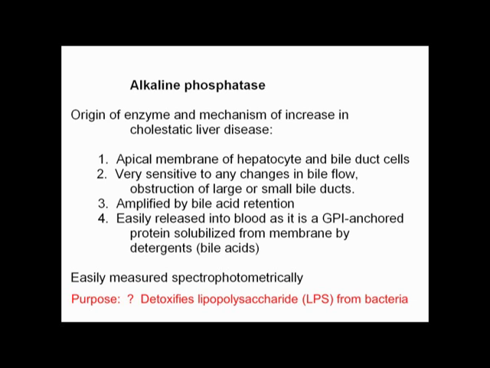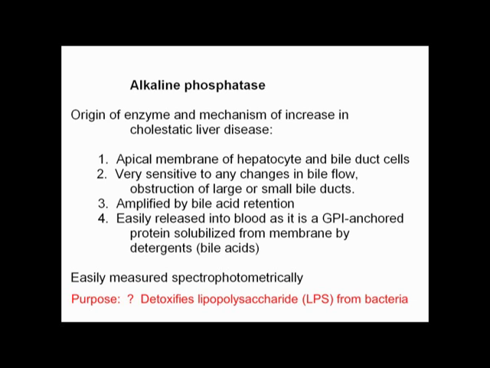It's very sensitive to changes in bile flow. It's amplified by retaining bile acids if bile flow isn't going well. And it's easily released into blood because it's a GPI-anchored protein. It is not a transmembrane protein. So it can be solubilized out of membranes by bile acids. It's easy to measure spectrophotometrically.